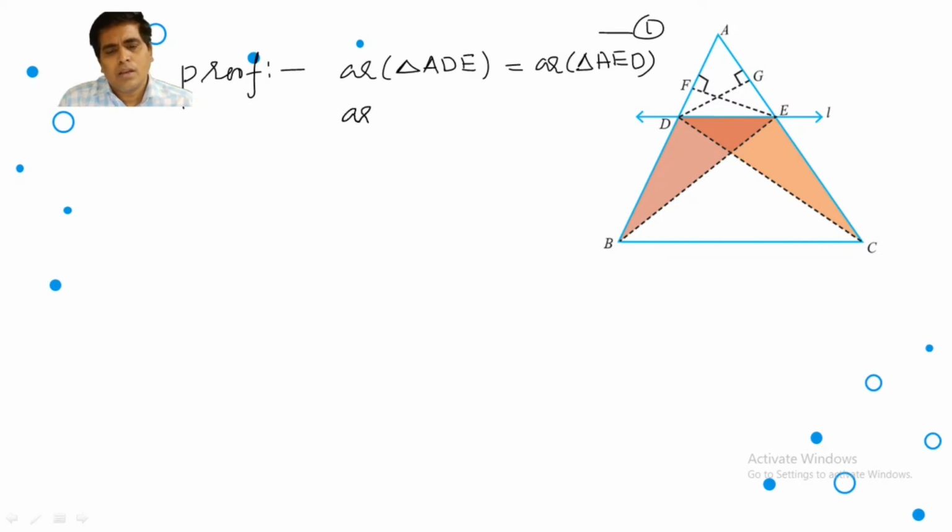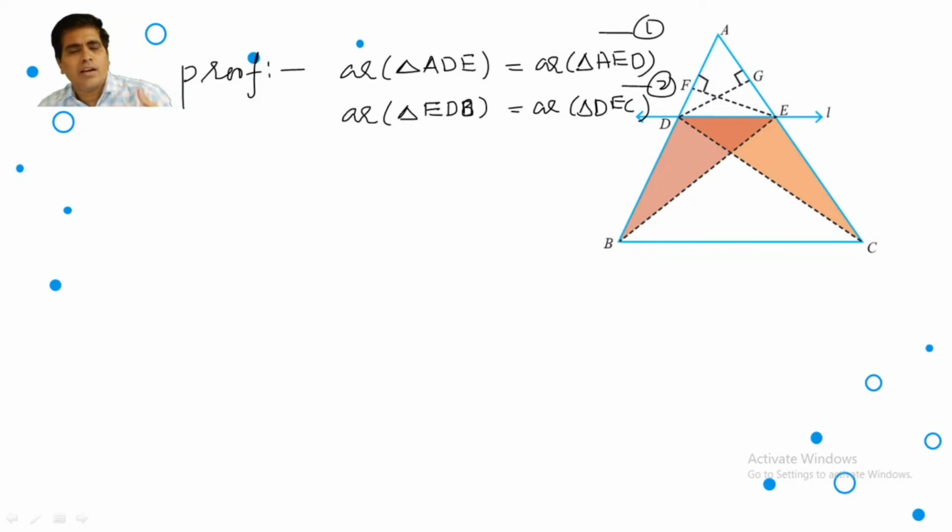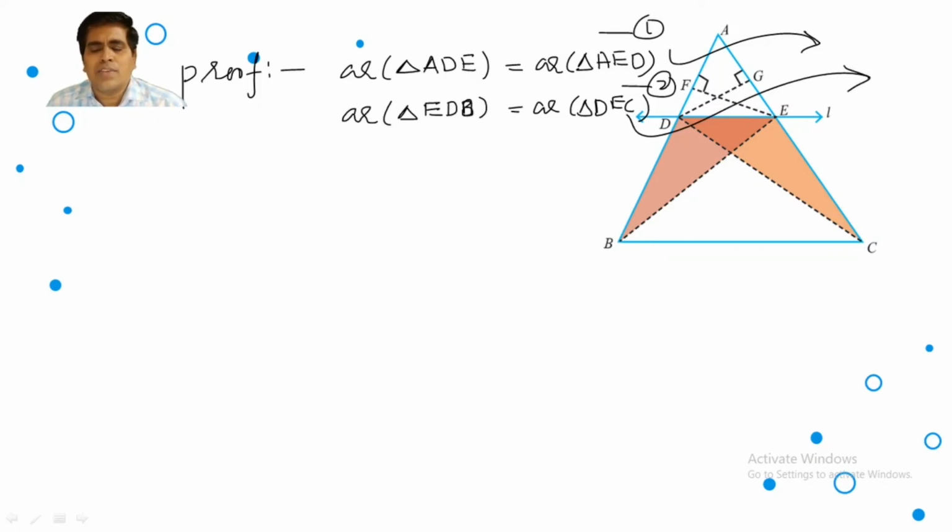Next, area of triangle EDB is equal to area of triangle DEC. So this is also equal. We already discussed this one. You can write the reason here. This represents the same triangles between two parallel lines with the same base. We can give the reasons here.